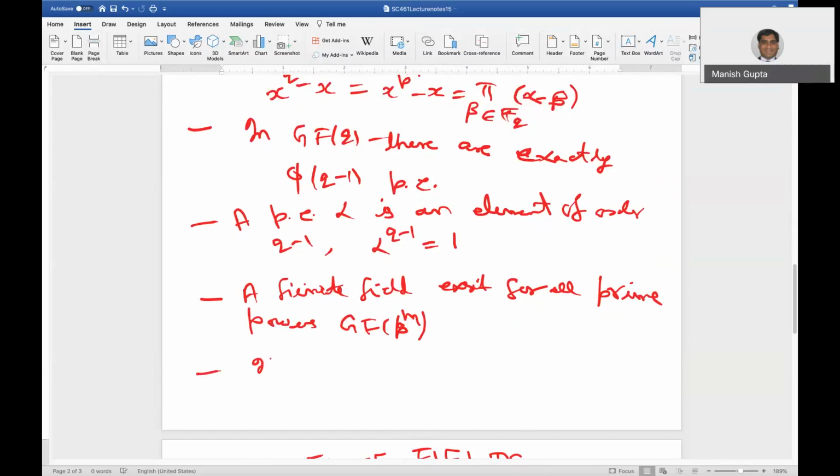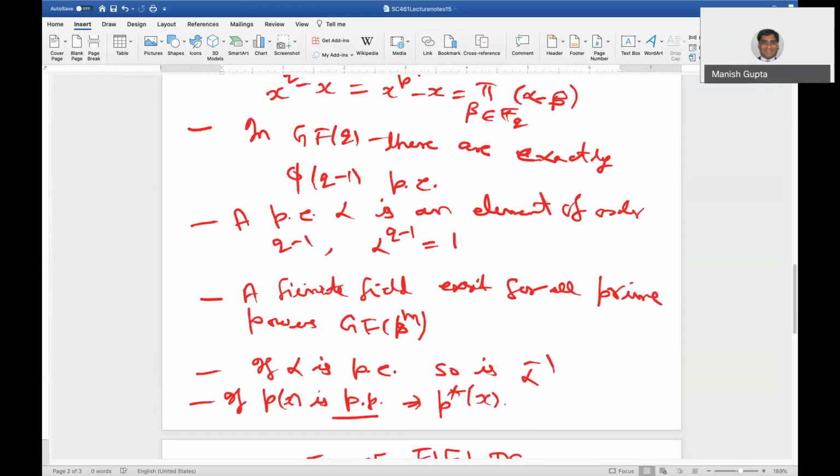Next, if alpha is a primitive element, so is alpha inverse. Next, if p(x) is a primitive polynomial, this implies that p star (x), which is the reciprocal of p, is also a primitive polynomial. Okay.